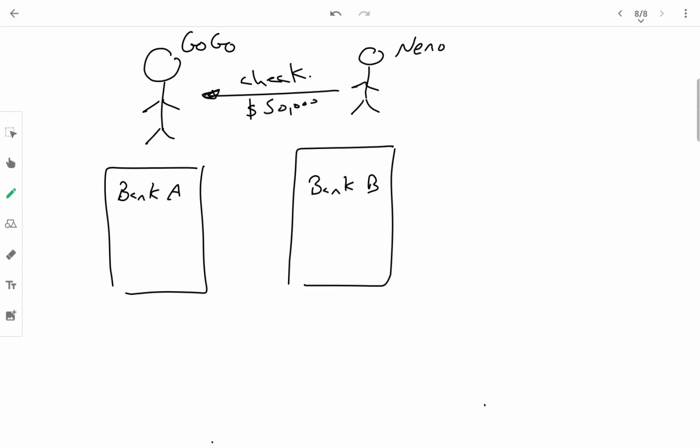So what's expected to happen is that Gugu is going to bank B and withdraw the money, and then go to bank A and deposit the money. But actually, we are not going to do this process.